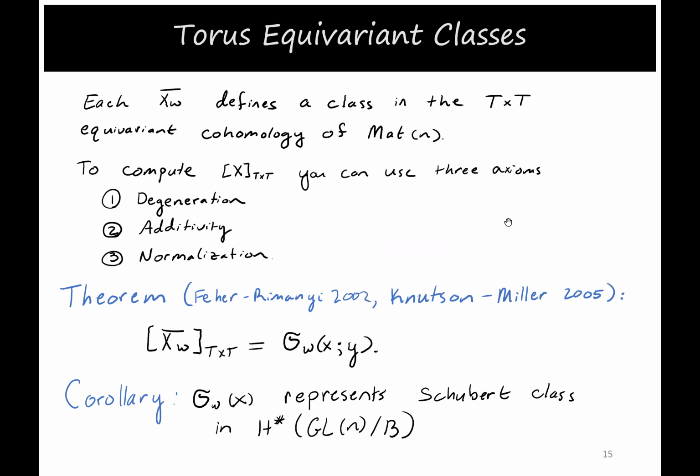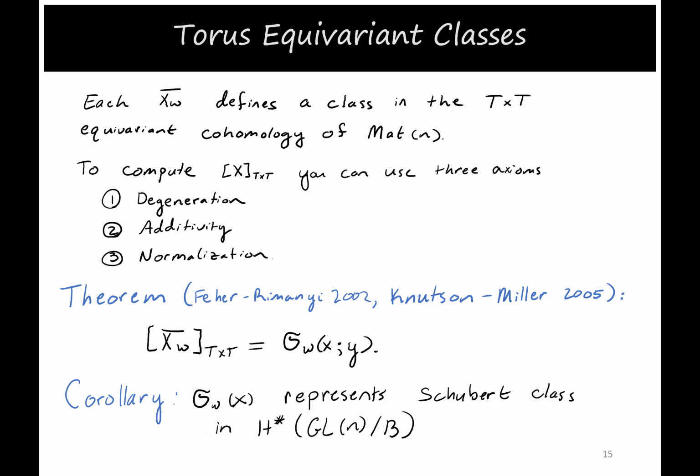So the way we associate a polynomial to a matrix Schubert variety is that every matrix Schubert variety defines a class in the torus equivariant cohomology of the space of n by n matrices. Without really telling you what torus equivariant cohomology is, there's a way that you can compute these classes axiomatically.